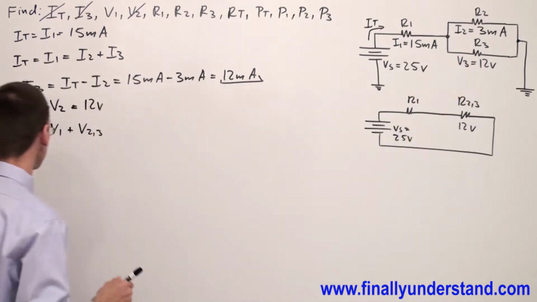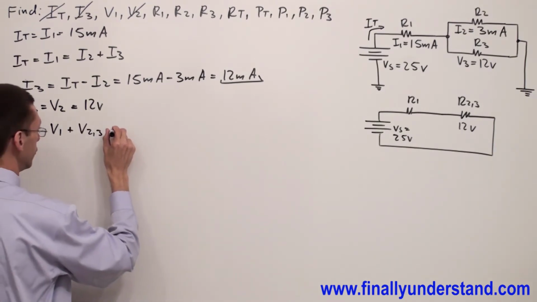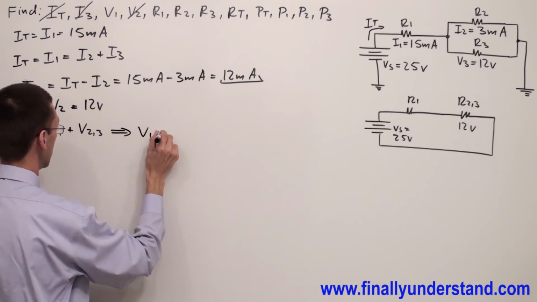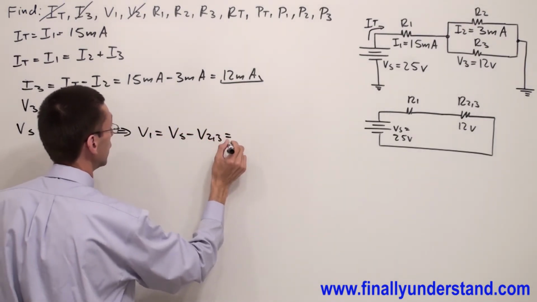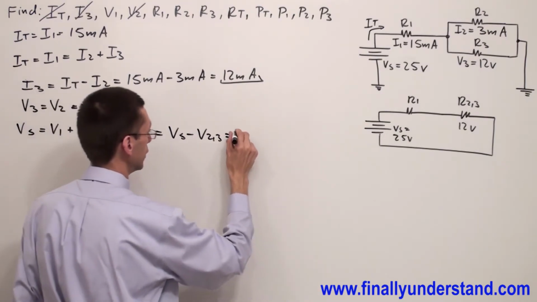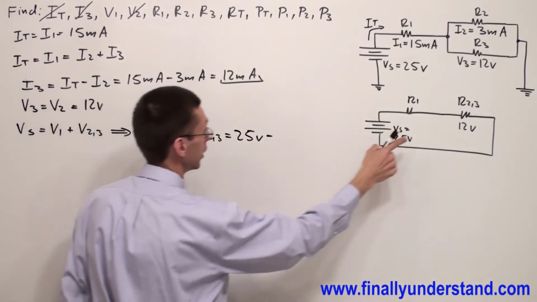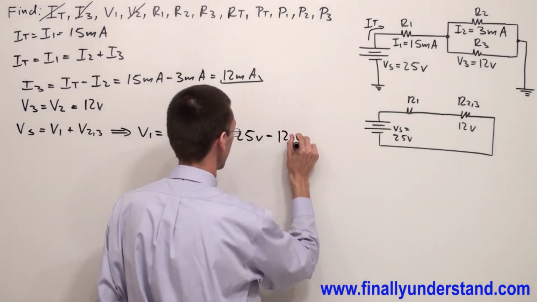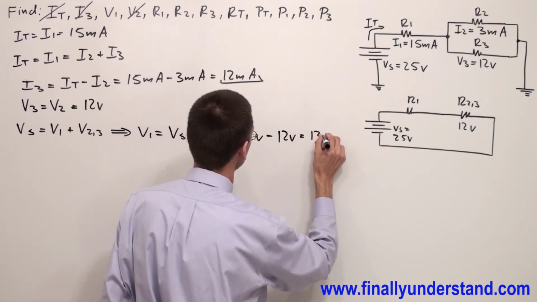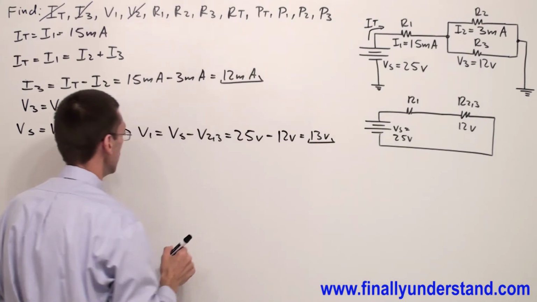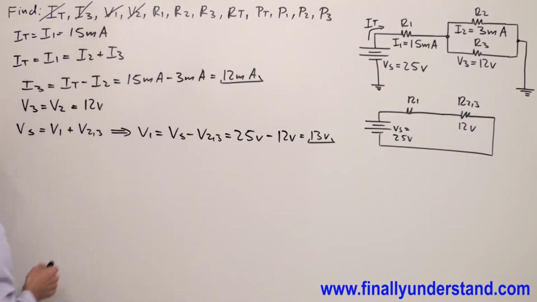So if you are going to solve this formula for V1, you will have V1 equals voltage source minus V23, where voltage source is equal 25 volts minus V23, which is equal 12 volts. Everything is equal 13 volts. Okay, so we found the voltage across resistor R1.